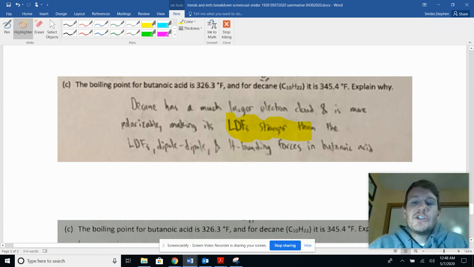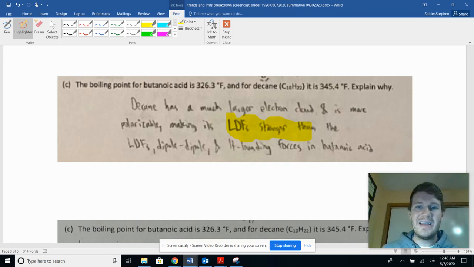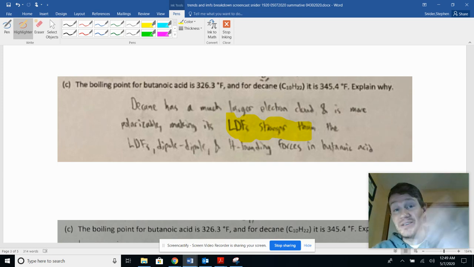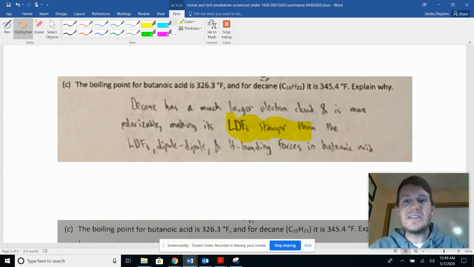Just because the intermolecular attractive forces are cumulatively stronger, and I like that, the fact that they are listing the others and they're basically saying it's larger than the combined IMFs of the butanoic acid. What does that really mean? That means it requires more energy to separate, right? More kinetic energy, which means when we talk about kinetic energy, we're talking about monitoring that via temperature.